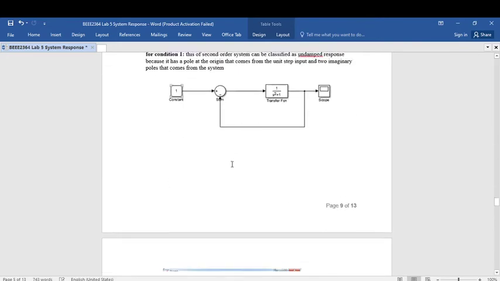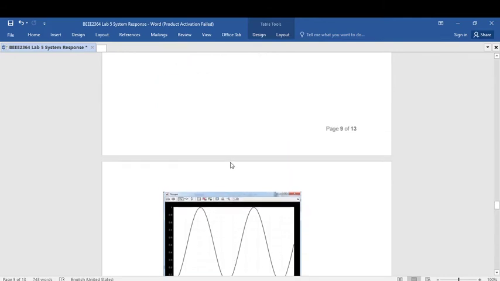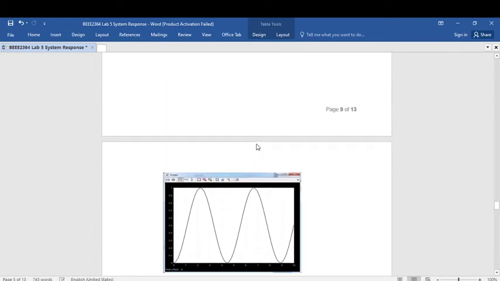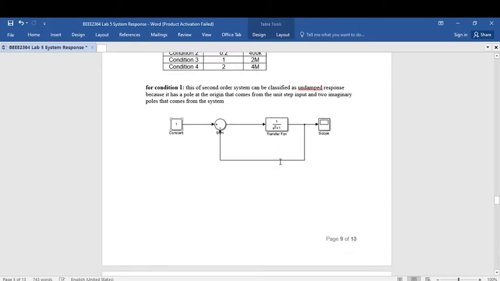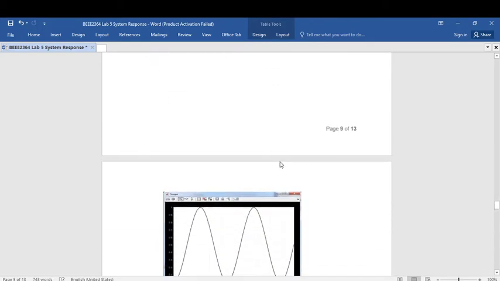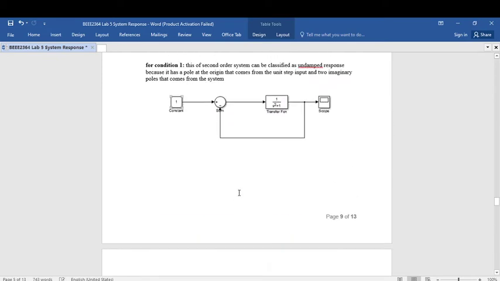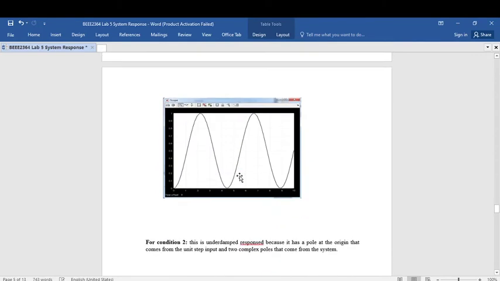From the values that we get from the calculation, I put them inside the simulation model to produce the graph. For condition 1, we produce the graph, and this is the undamped response.